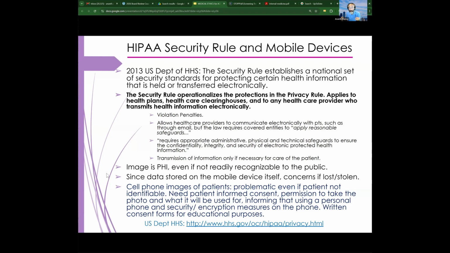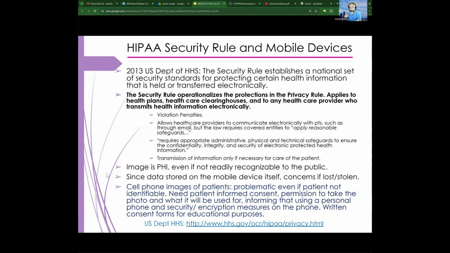You need patient-informed consent. You need permission to take the photo, and you need to specify to the patient what it will be used for, and that you're using a personal device, and that indeed there is some security and encryption measures on the phone. If you're using it for educational purposes, you should also get written consent again, because this is for education. In this case, it is not for the care of the patient. It's not that you're taking this photo to go find the dermatologist to get their diagnosis.